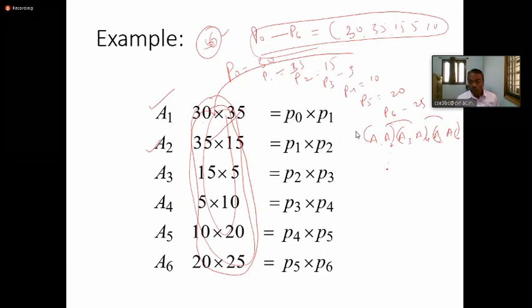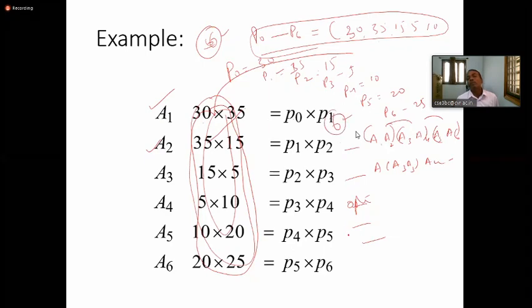There is a chance A2, A3 is first, there is a chance A1 is last. Then we have many options for the six matrices. Calculating the number of multiplications for all these is not simple. That's why the simplest way is dynamic programming.